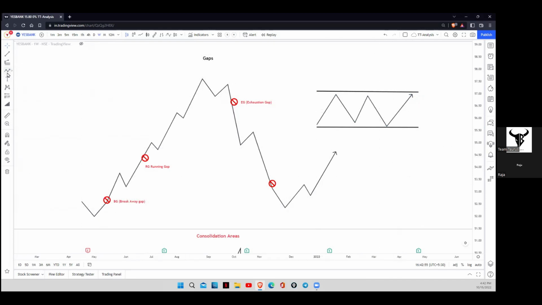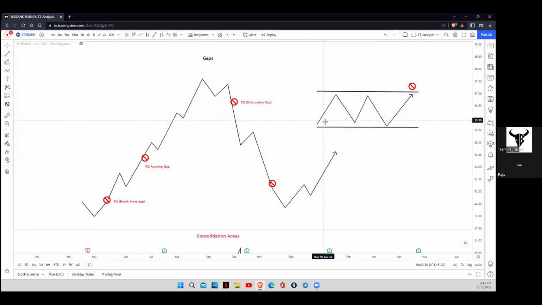If the next day the market opens above this level and sustains for 15 minutes, there is a possibility. At that level, you need to look for volumes as well. Now, remember this. At that particular point, you need to look for volumes.